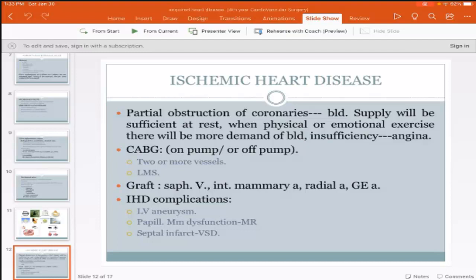The presentation looks like mitral valve stenosis.